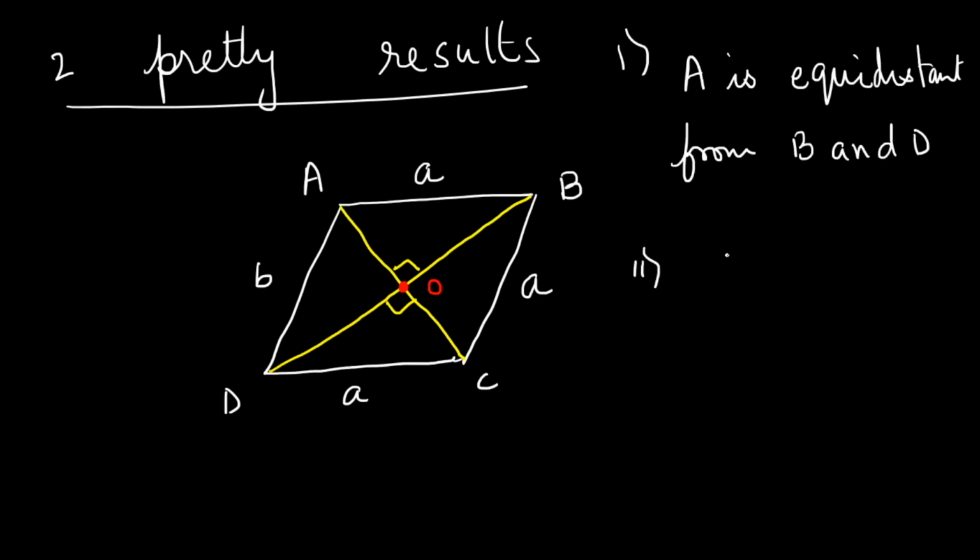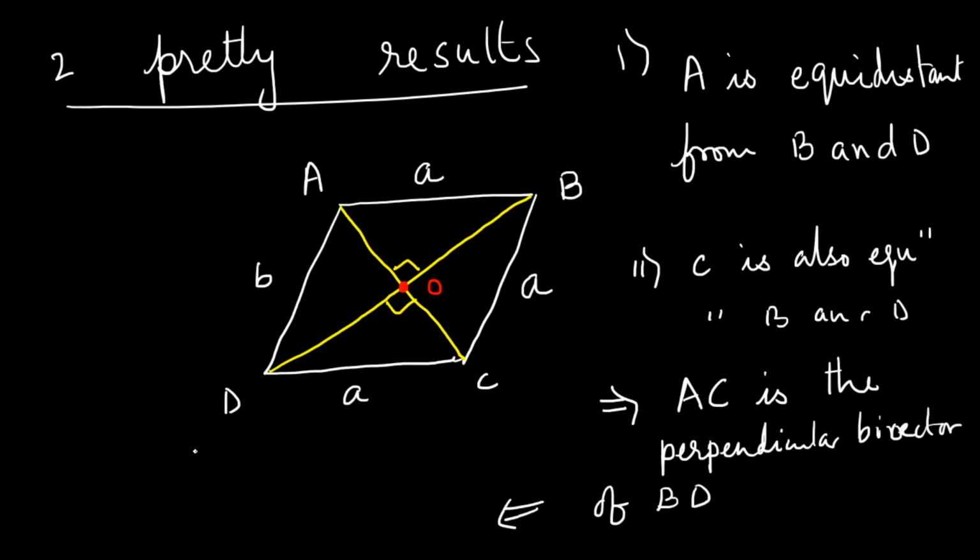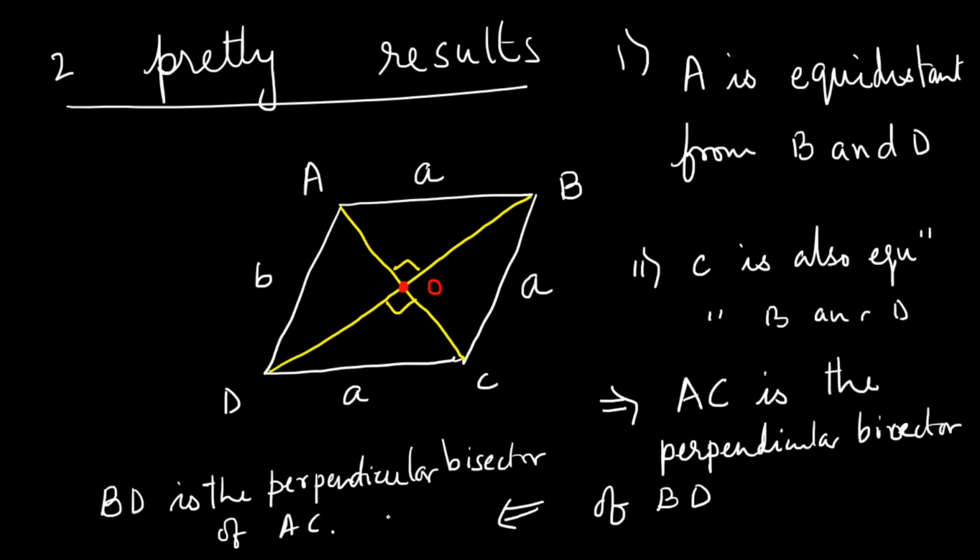The second thing is C is also equidistant from B and D, and this implies from our previous theorem that AC is the perpendicular bisector of BD, and using the same reasoning, BD is the perpendicular bisector of AC, and that ends the proof.